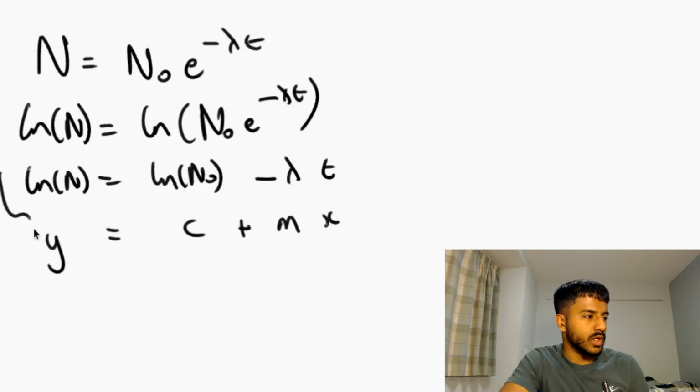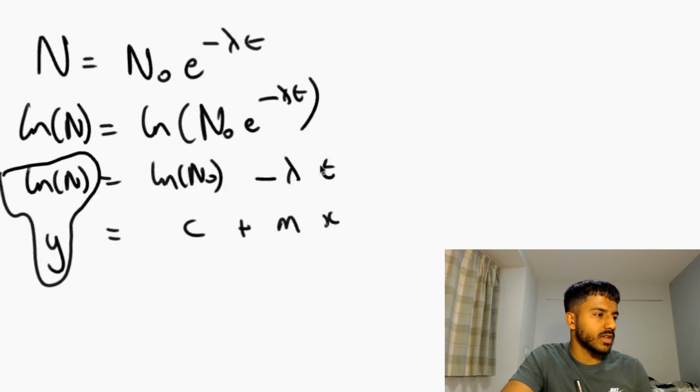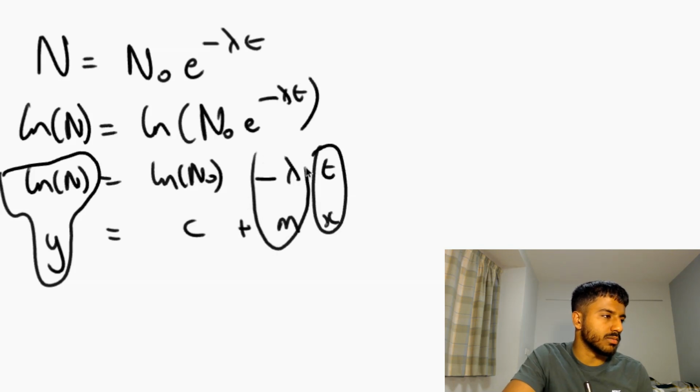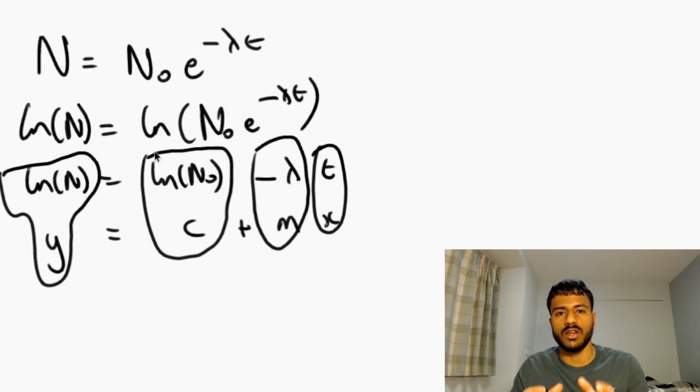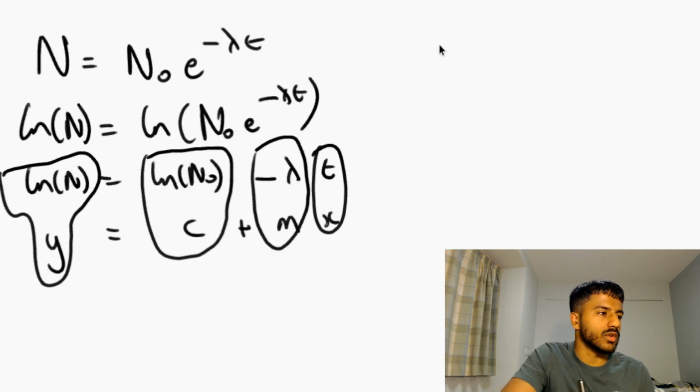Ln of N would be on your y-axis. t is your x variable. Your gradient would be equal to minus lambda, and your y-intercept would be ln of N naught. So this graph would actually look something like this.